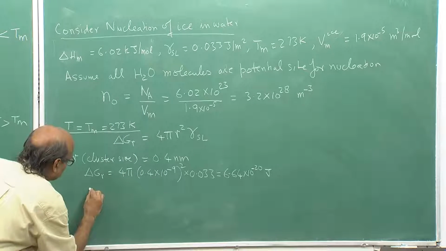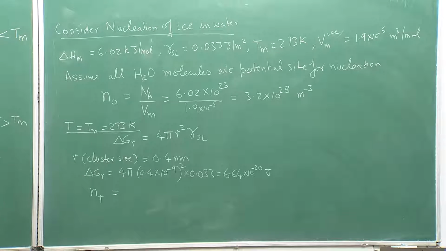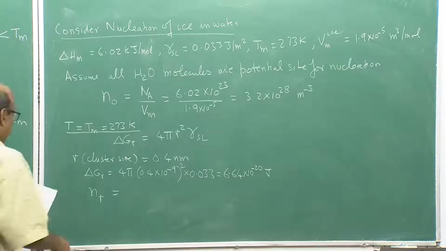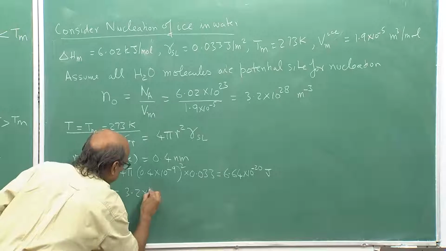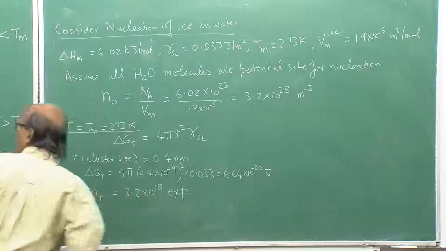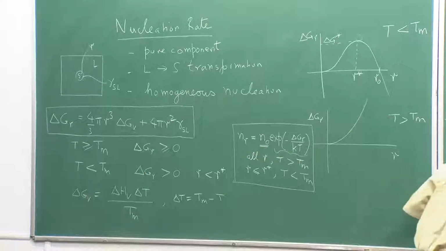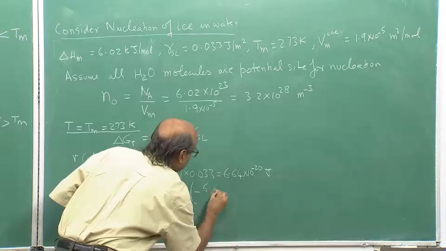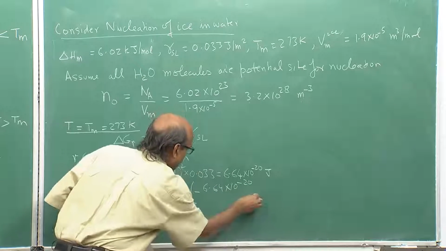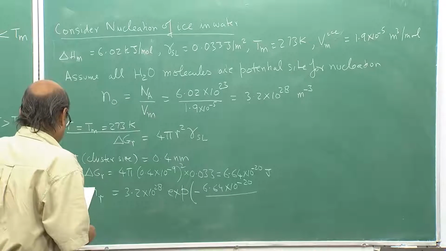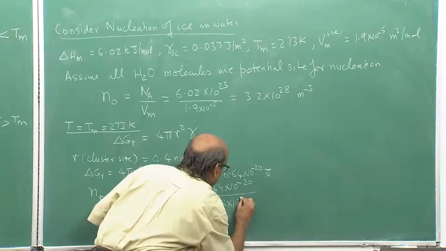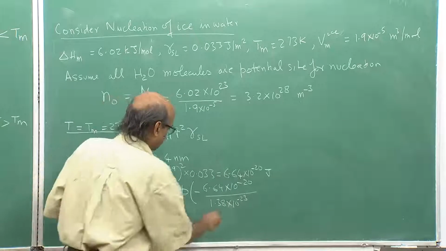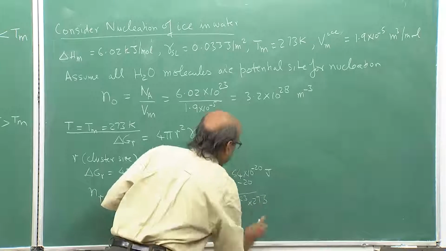So, using this, NR, the density of expected nuclei at this temperature of 273 K, would be N0, which is 3.2 into 10 to the power 28, times the exponential of minus delta GR, which is 6.64 into 10 to the power minus 20, divided by KT, where K is the Boltzmann constant, 1.38 into 10 to the power minus 23 joules per Kelvin, multiplied by the temperature, 273.